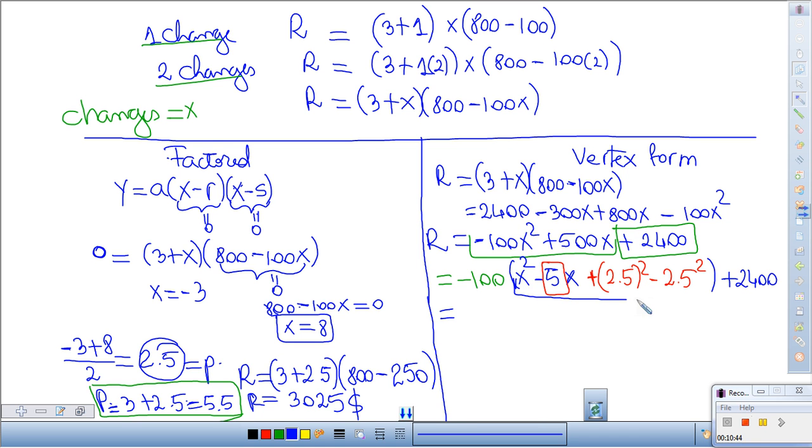So now inside the bracket, I can already see my perfect square. The perfect square, remember, expanded is made out of 3 terms. So I have negative 100. My perfect square will be x minus 2.5 squared. Now, what is 2.5 squared? Let's see with the calculator. 2.5 times 2.5, or 2.5 squared, is 6.25.